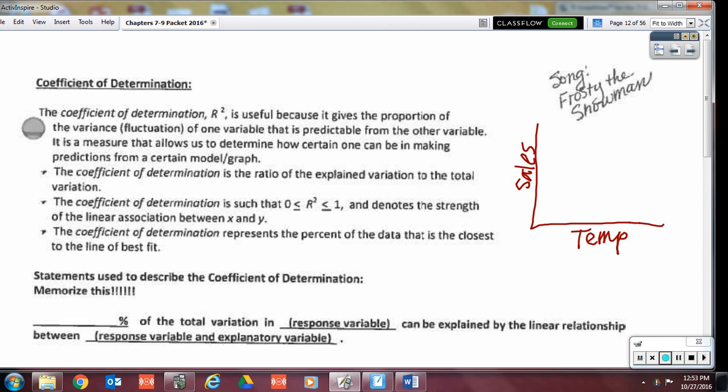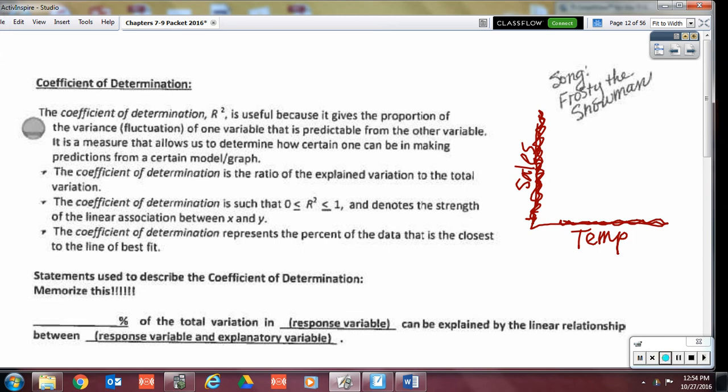Not exactly, not completely, but this is the general idea. The reason that there is variability, fluctuation in the sales of the ice cream is because there is fluctuation in the temperatures outside. So it has to do with the variability of those things, not just one pinpoint item.